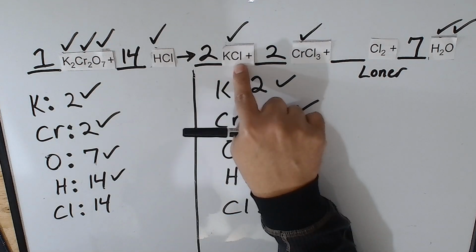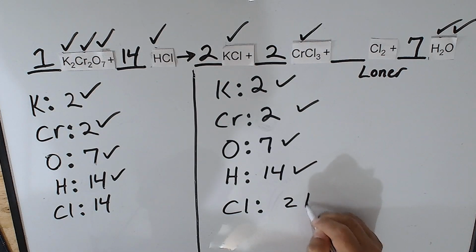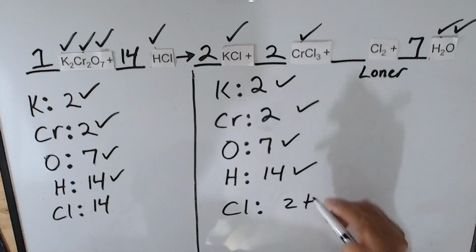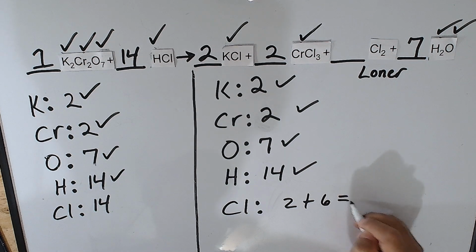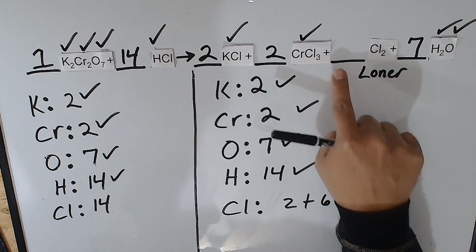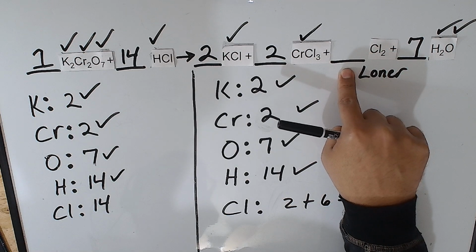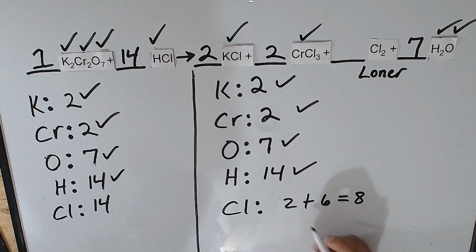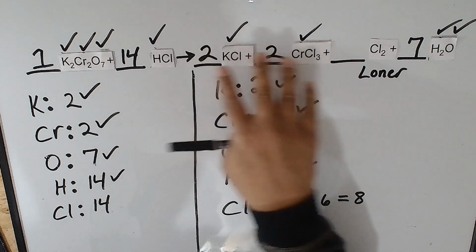So we have 2. And then 2 times 3 gives me 6. So I have a total of 8 so far. But notice that I'm not including the ones from here yet. So I'm going to say 8 based on here.